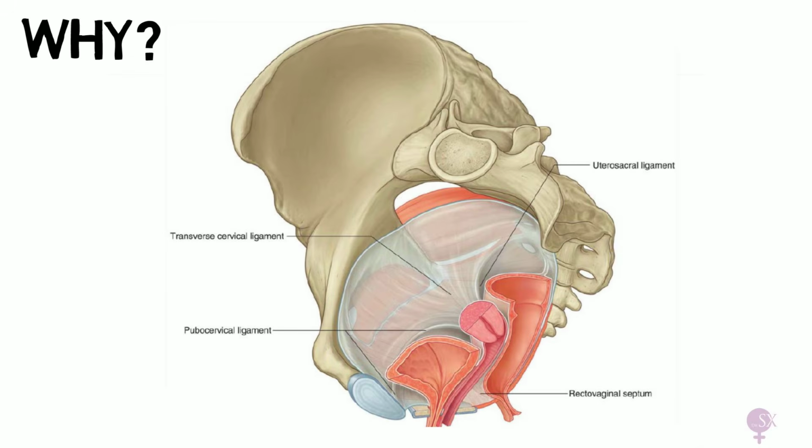Then we've got ligaments and fascia holding structures upwards. So we've got the uterosacral ligaments, the pubocervical ligament and fascia, the transverse cervical ligaments, also called the cardinal ligaments, and the perineal body and perineal membrane. So essentially, anything which weakens this system can result in a prolapse.